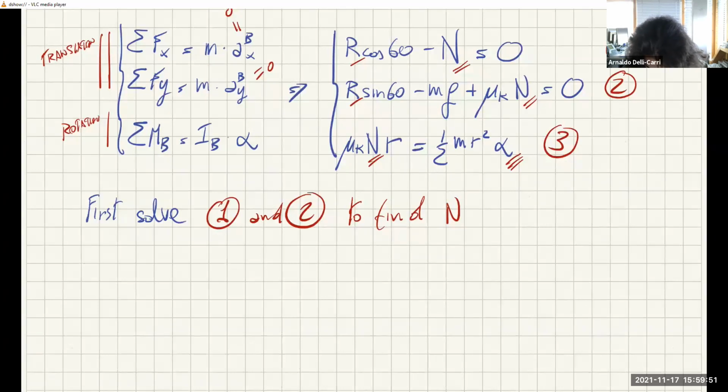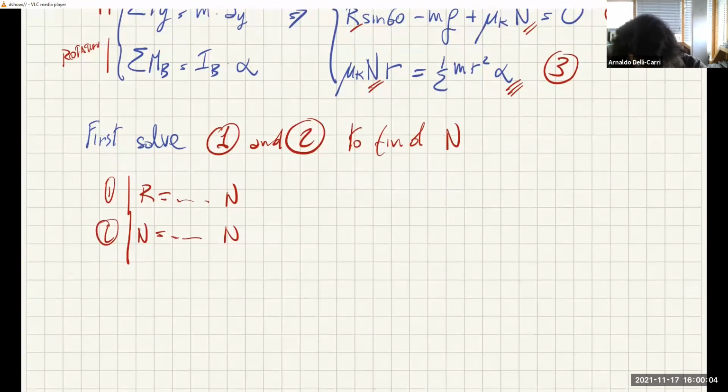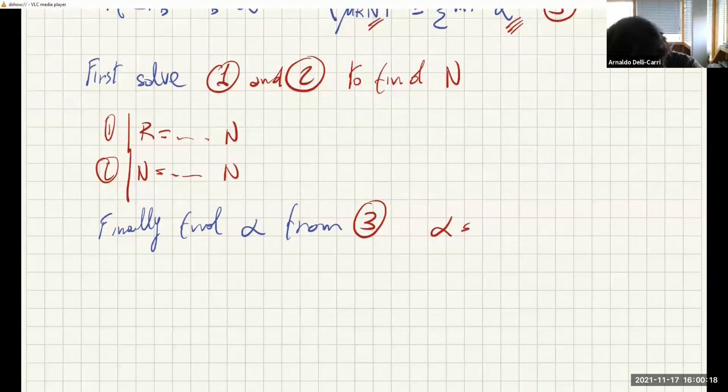This is up to you. You solve equation 1 and equation 2 to find R equal whatever and N equal whatever. This is Newtons. Finally, find alpha from 3. So you solve alpha equals something radians per second squared.